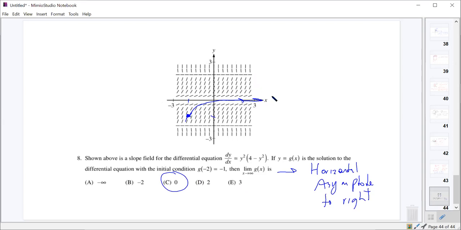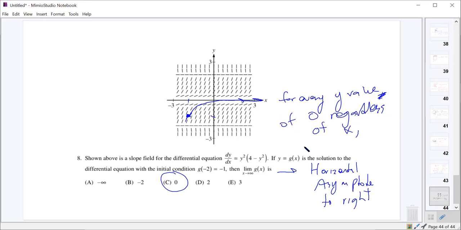So anytime you have a function with a slope field that's drawn, if for every y value, y value of 0, regardless of x, that tells us that that's a horizontal asymptote.